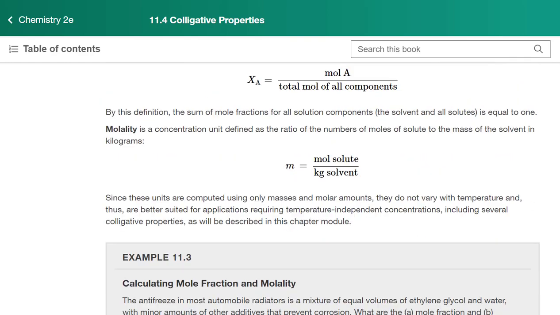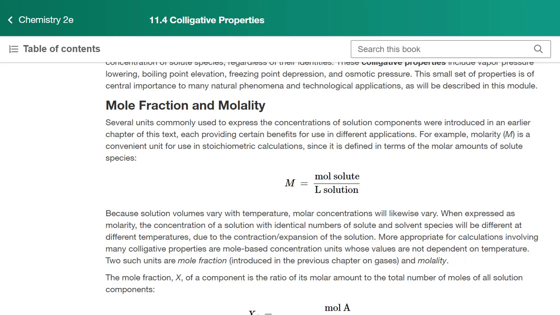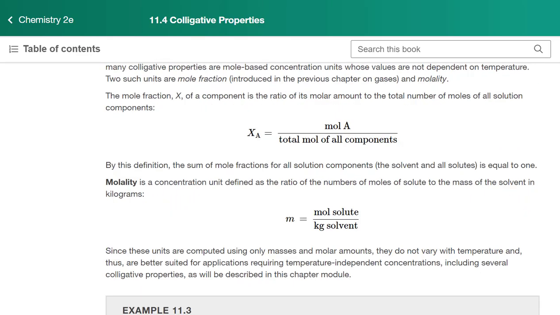The other measure of concentration we'll be looking at is called molality. Remember when I was talking about molarity, I was emphasizing the spelling of it. Molality and molarity have a very small difference in their spelling, so there's two L's in molality. And it's a similar concept to molarity.